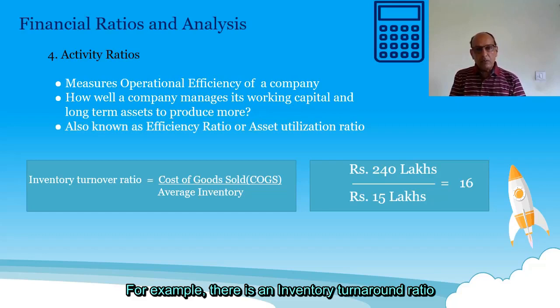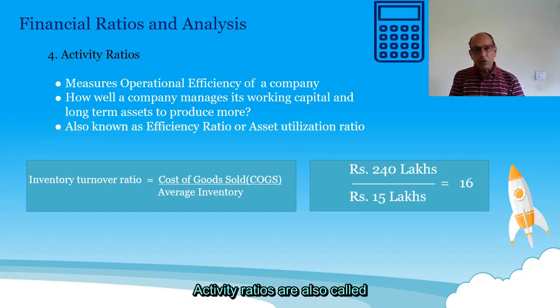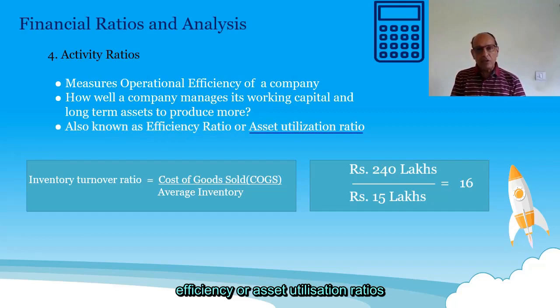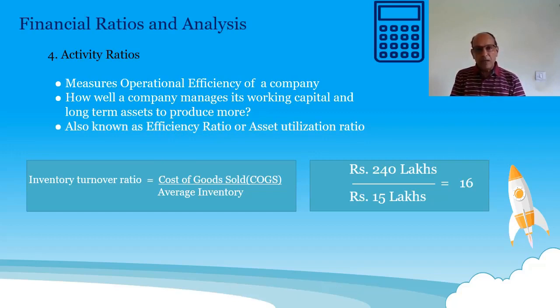For example, there is the inventory turnover ratio. Activity ratios are also called efficiency or asset utilization ratios. So, efficiency comes from operational efficiency and better asset utilization.